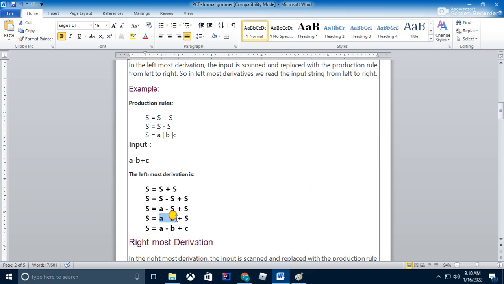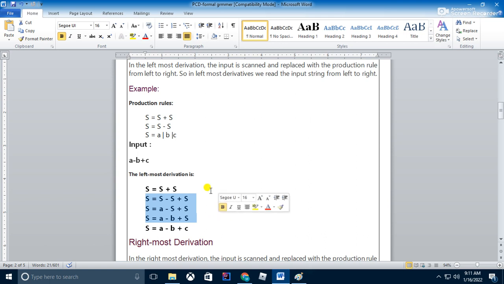S = a - S + S, then S = a - b + S, then S = a - b + c. In this way, in the order of derivation, we first started with the leftmost part of the given input string. That's why it is called leftmost order of derivation.